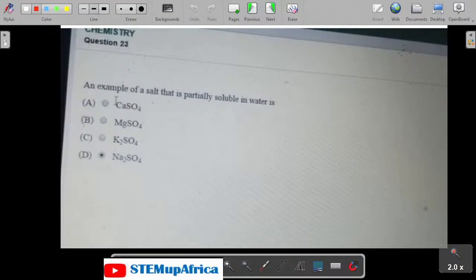Magnesium sulfate, which is also called Epsom salt, is very soluble in water. We also have calcium sulfate, magnesium sulfate, sodium sulfate.